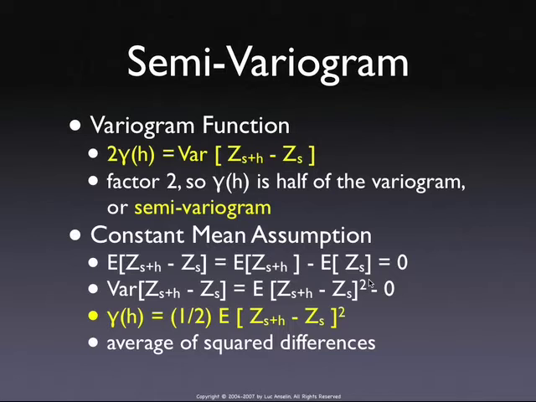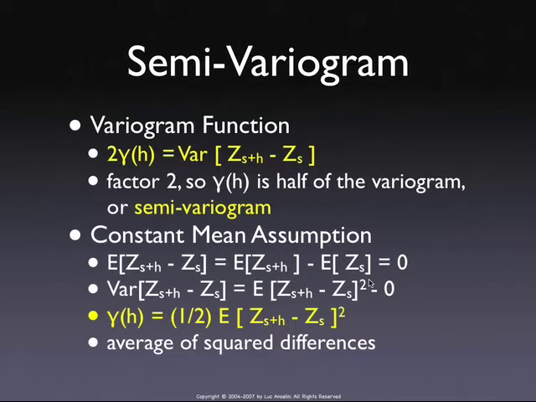Because we're starting with the variance, but because we have the constant mean assumption, as we just saw before the break, the average of this difference, since they are both the same, is 0, so the variance of the difference boils down to being nothing but an expected value of squared differences. The variance is the average difference between the random variable and its mean squared.